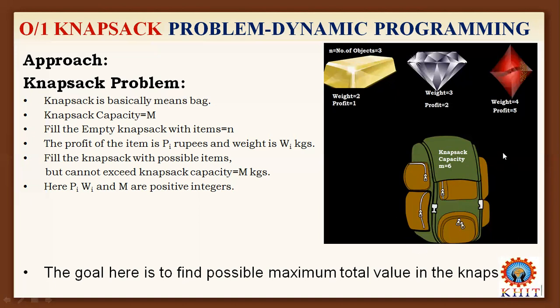The main objective is to gain more profit, but the bag condition is that the capacity of the bag cannot be exceeded. The weight of the objects cannot exceed the capacity of the knapsack. Finally, you need to benefit. So this is the main objective of the 0/1 knapsack problem.